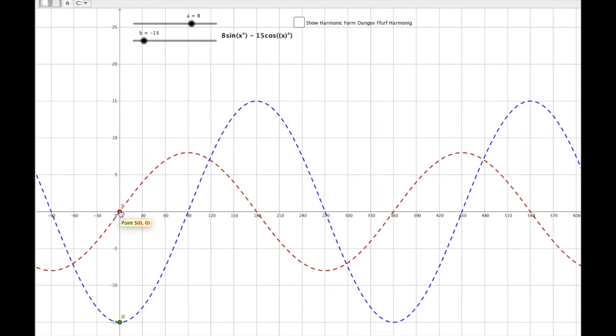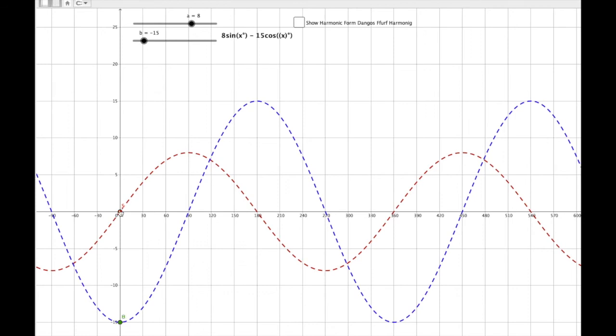So at the beginning, the green, which is representing the harmonic form, is at minus 15 because the sine part of it is 0. But what we can see here is both curves are increasing, and so the negative value of the b is going to decrease until we get to this point here where the cos is 0 and the sine is at 8. At that point the harmonic form will meet the sine curve.